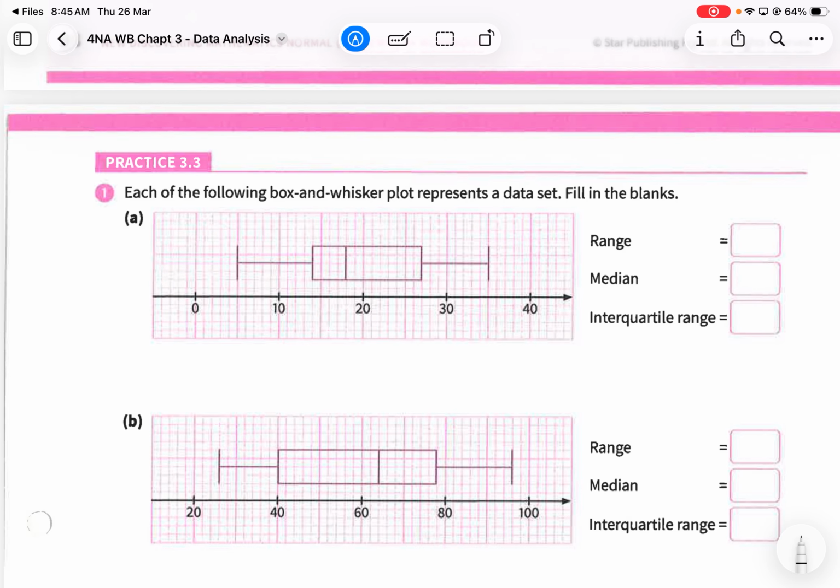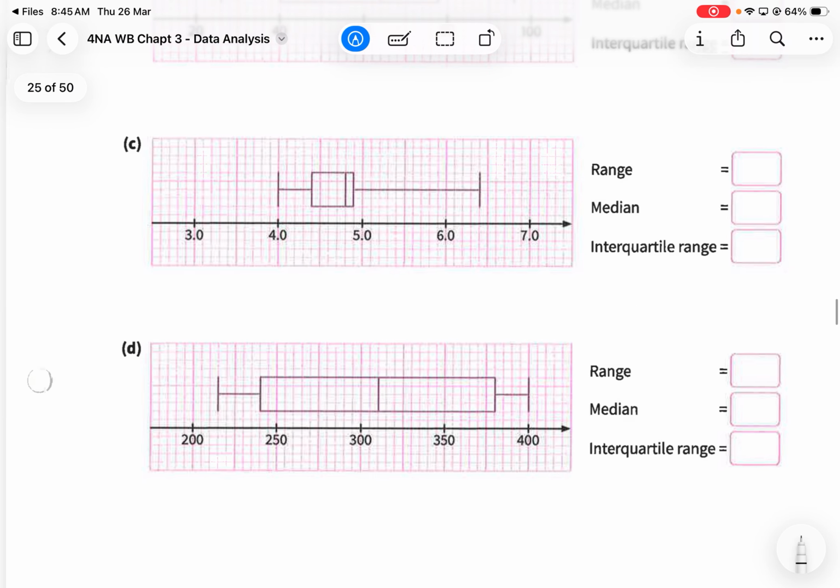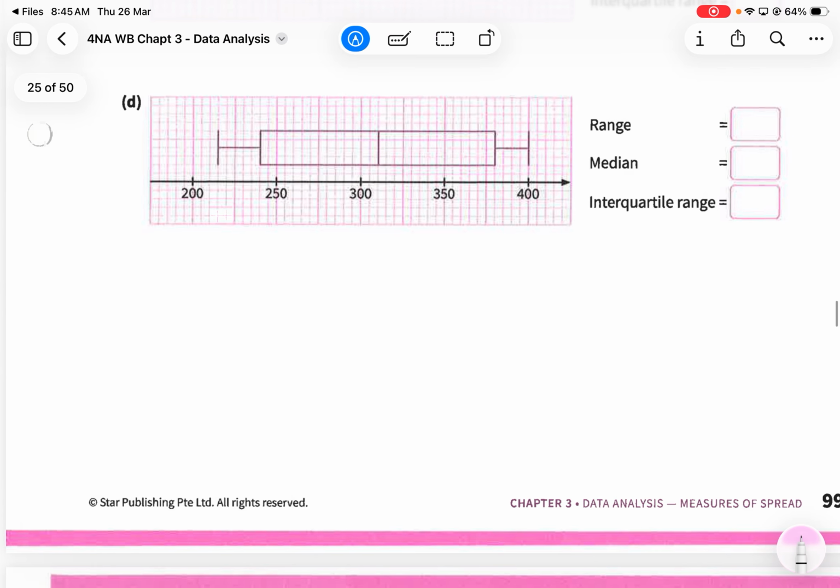Should be very fast. 1, 2, 3, 4 questions. 6 minutes, 5 minutes. 8:50. By 8:50, go try. Done already. Very good. This one, sleeping. We at 99 already there. Why you still at 79? Time and tide waits for no man.